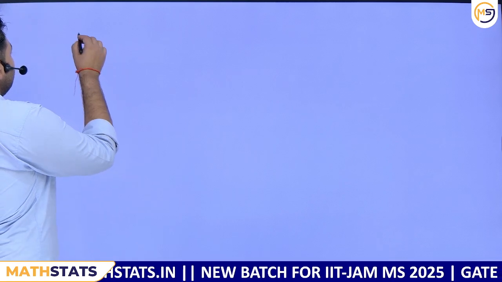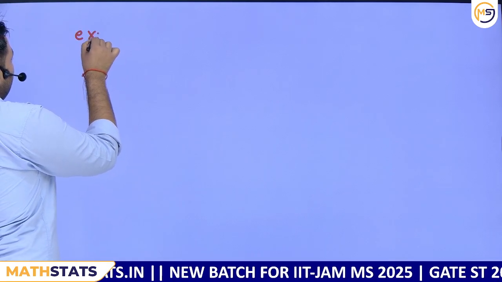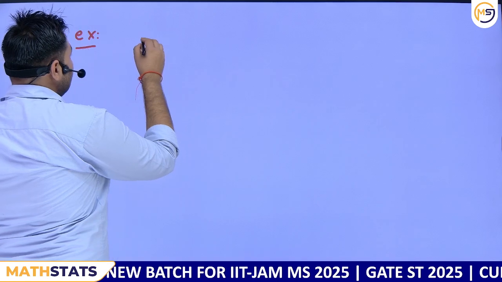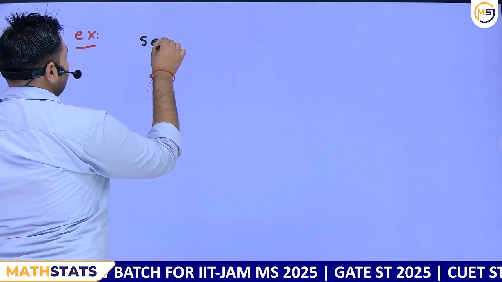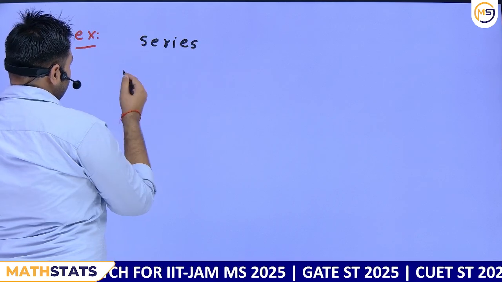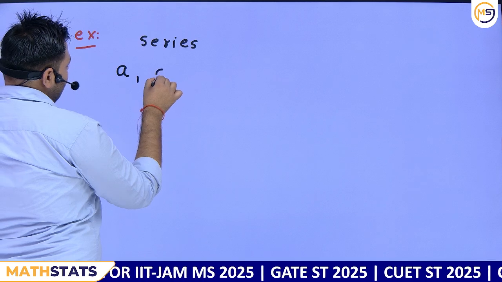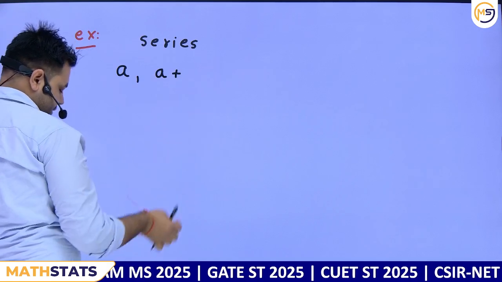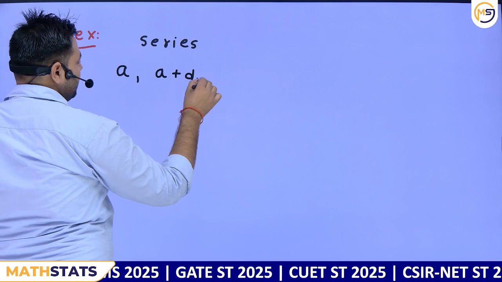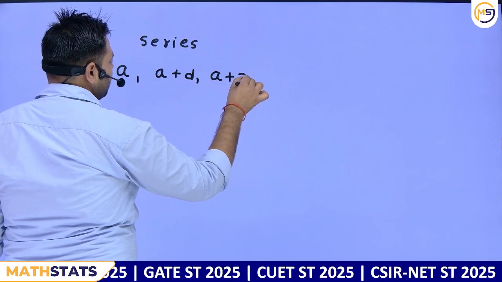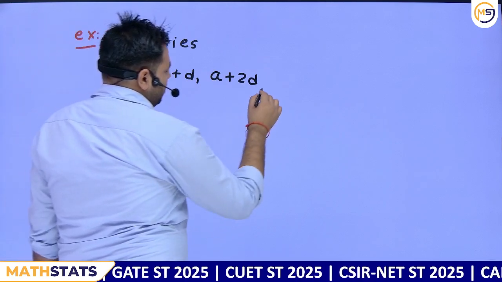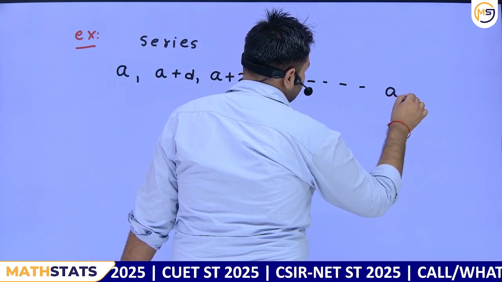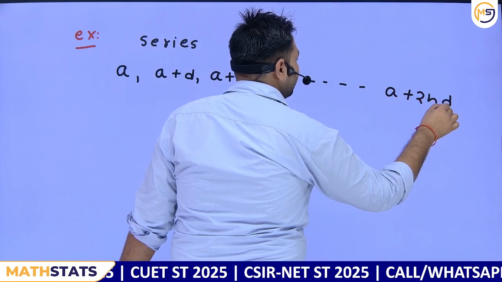So now suppose another question, another example. Suppose we have a series which is an AP: A, A plus D, A plus 2D, and so on, up to A plus 2ND.